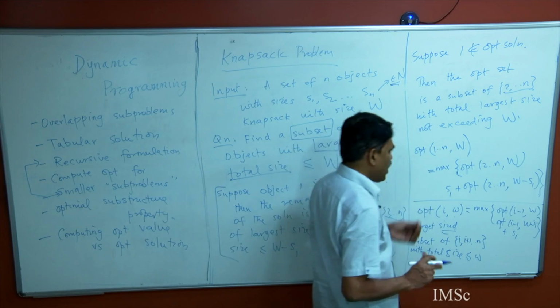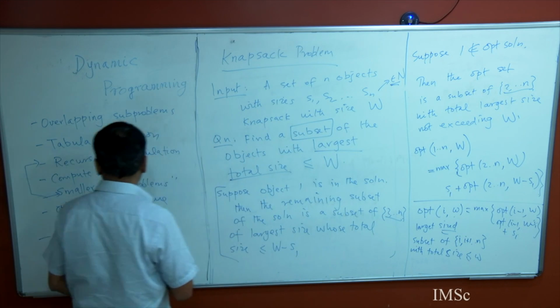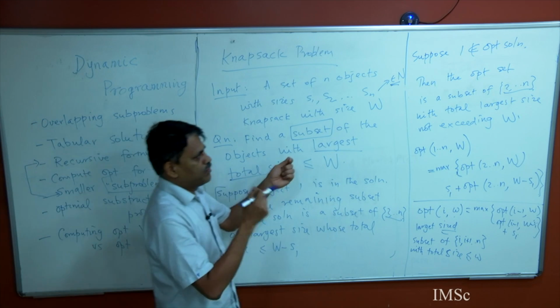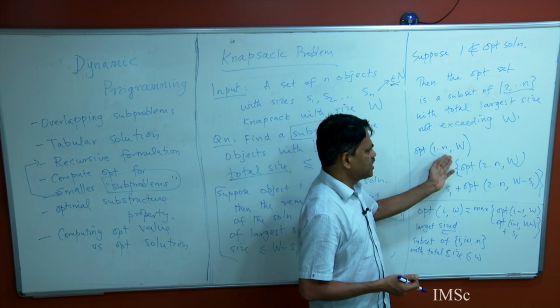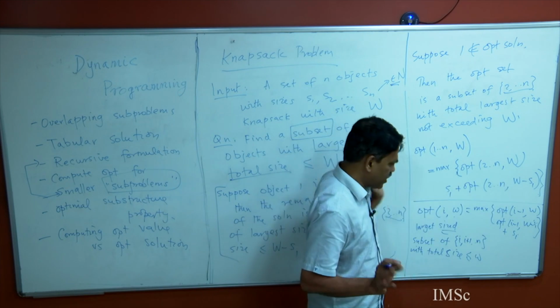We don't need 1 to I. So that's why I'm saying that figuring out what subproblems we need to compute requires careful manipulation like this, because this recursive formulation simply says 1 to n, 2 to n, 3 to n kind of thing. So that's what I need.